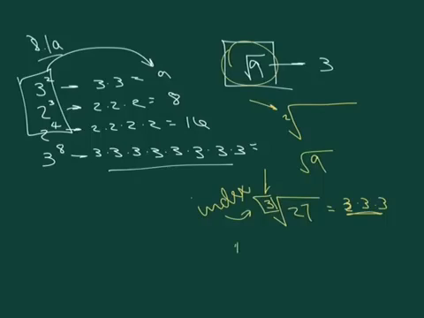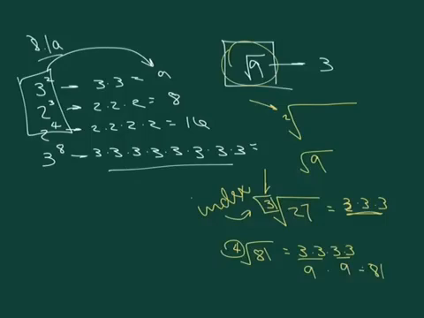If I had a 4 in there, I'd say what number times itself 4 times gives me 81. 3 times 3 is 9. 3 times 3 is 9. 9 times 9 is 81. Okay, so that just tells you what number times itself that many times is going to give you 81.